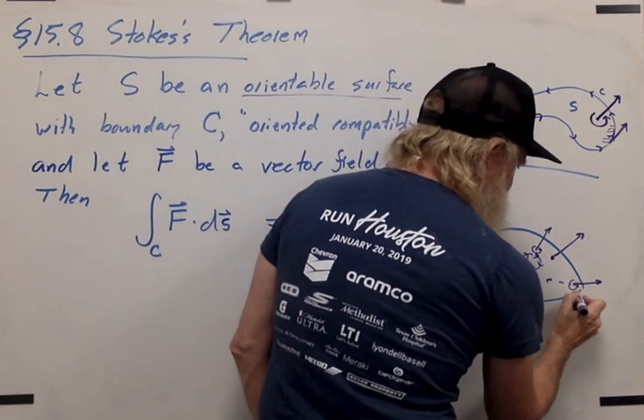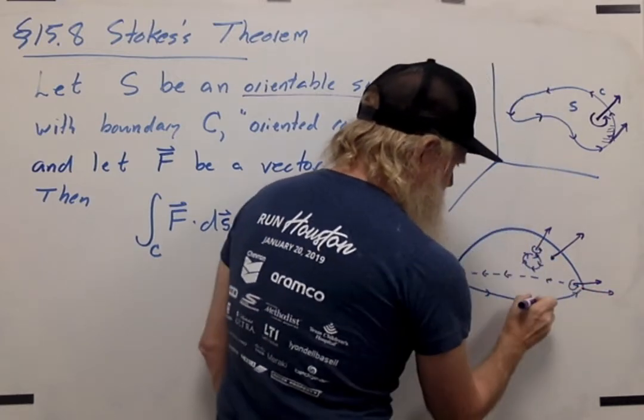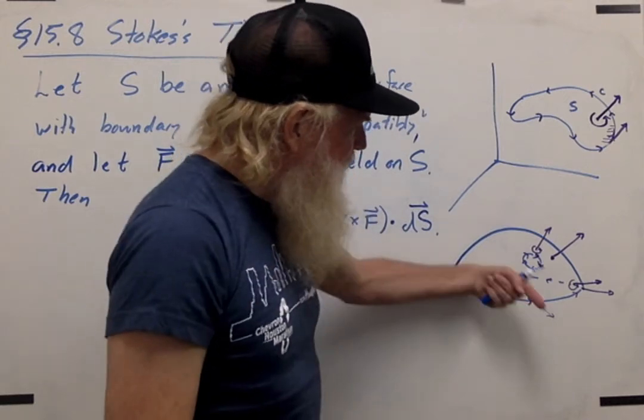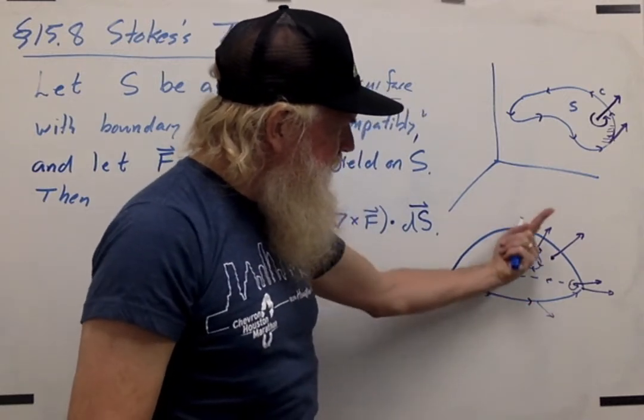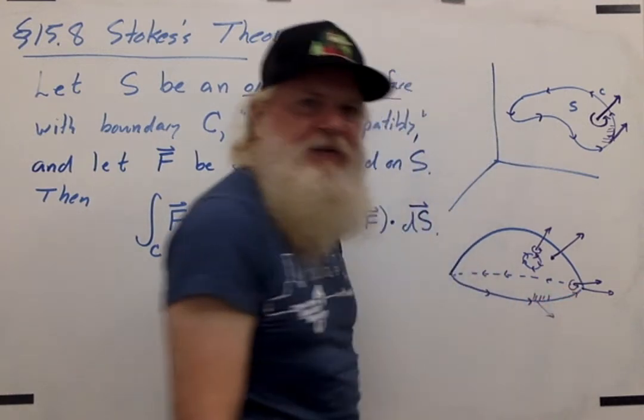Similarly, if I'm standing on this boundary curve, or maybe I'll mark it here, and your head is pointing in this direction, in the same direction as that normal vector, then the region is on your left side.